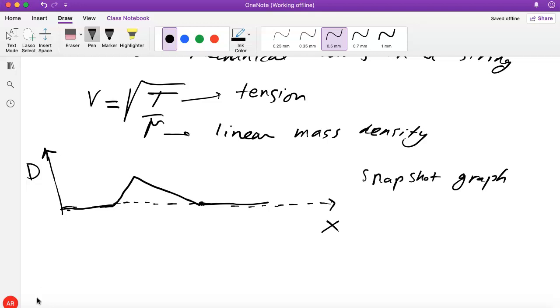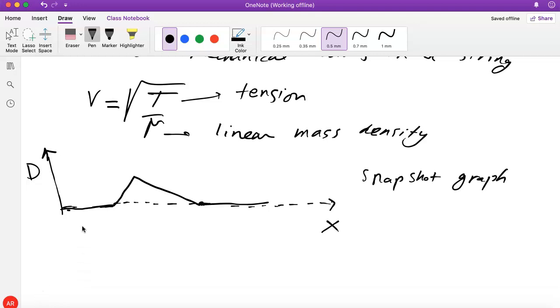So a snapshot graph is fixed time at one instant: you look at all the displacements for all the different positions. And a history graph, which can be extracted from a snapshot graph, knowing the wave speed, basically focuses on one point in space and tells us about the displacement as a function of time.